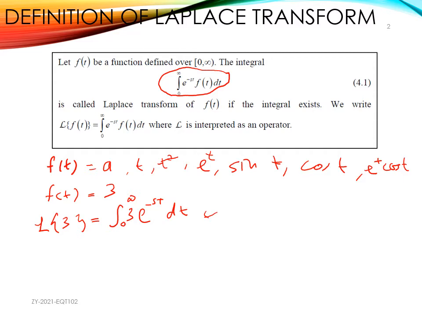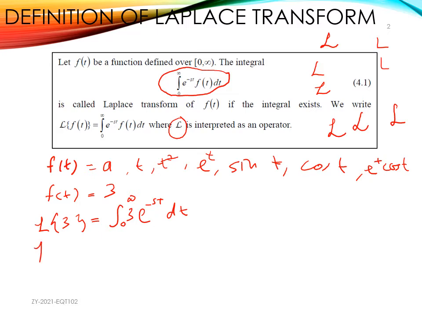The operator for Laplace is this special L here. Normally I like to write it like this. It's up to you, as long as you don't write the normal L, make it a little bit different. This is the Laplace operator.